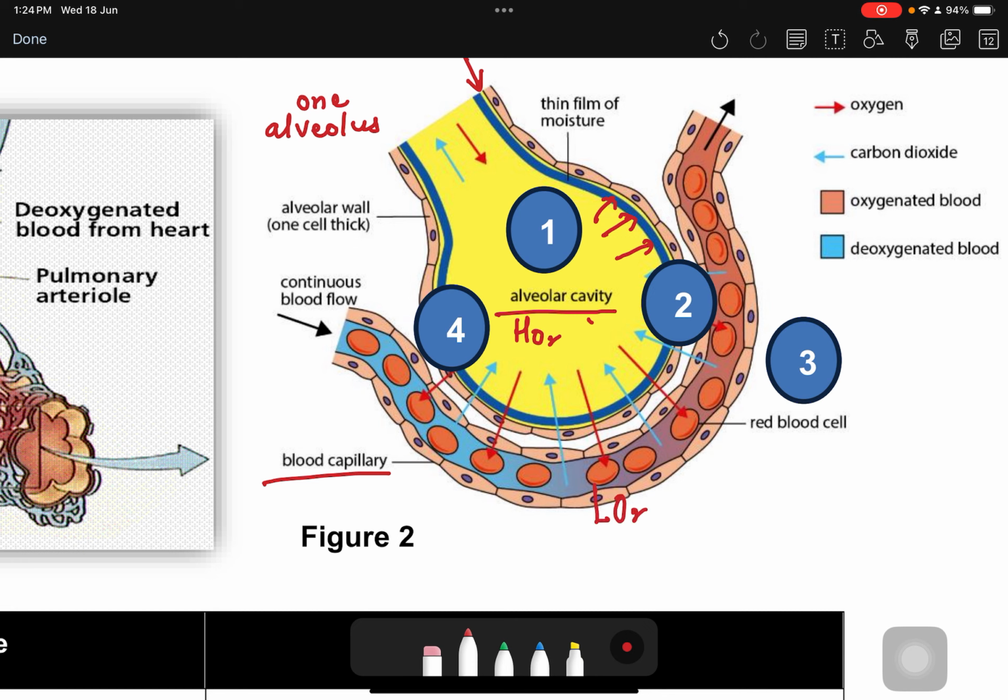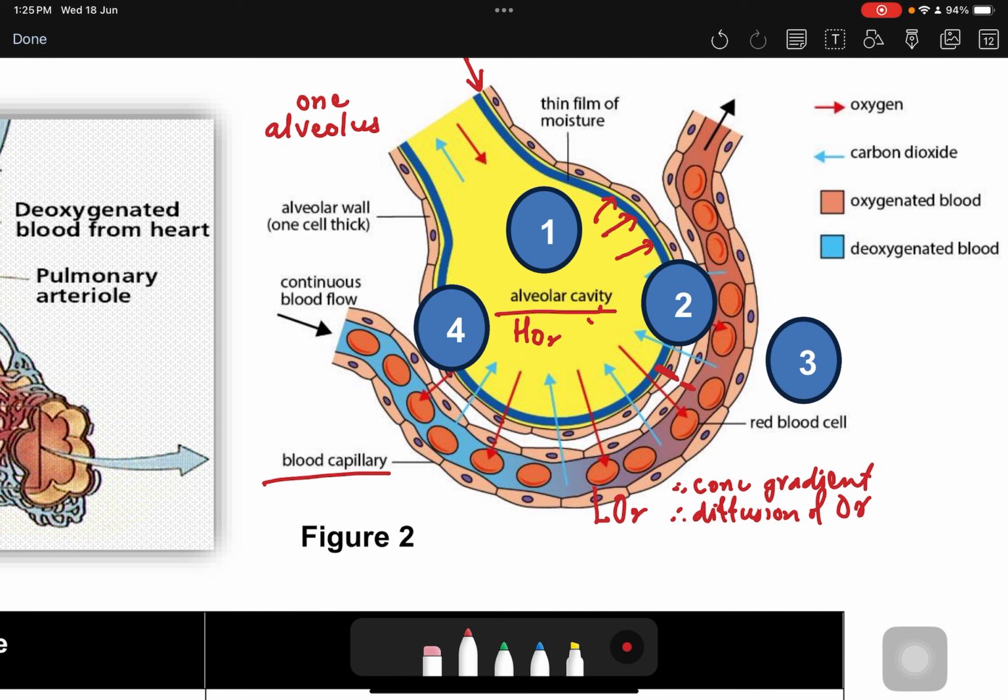This creates a concentration gradient for the diffusion of oxygen from the alveolus cavity across the wall of the alveolus, and then across the capillary wall, and then into the red blood cells. And then in the red blood cells, what happens to the oxygen?